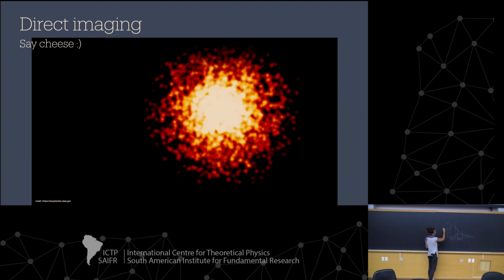If I observe in the visible, I need to cover that much of a difference between the radiation of the exoplanet and the radiation of the star. But if I go here, I just need to cover this part.